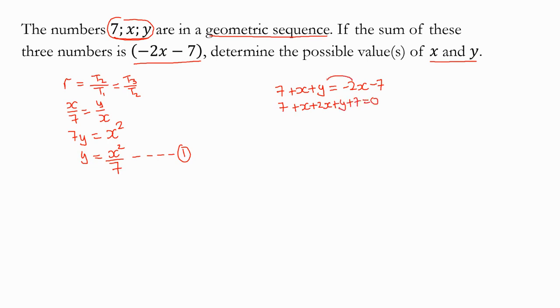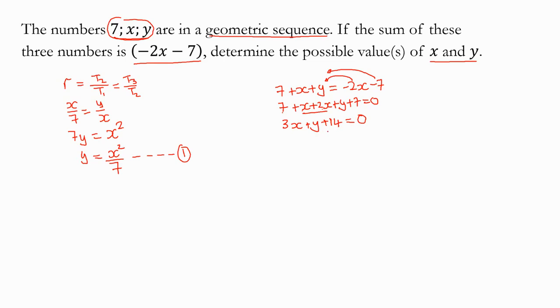We've just moved this to the left hand side. So we can collect like terms. Let's start with the x. It's going to be 3x, because 1x plus 2x is 3x. And then plus y. And then the constant 7 plus 7, which is 14. See that? And then is equal to 0.